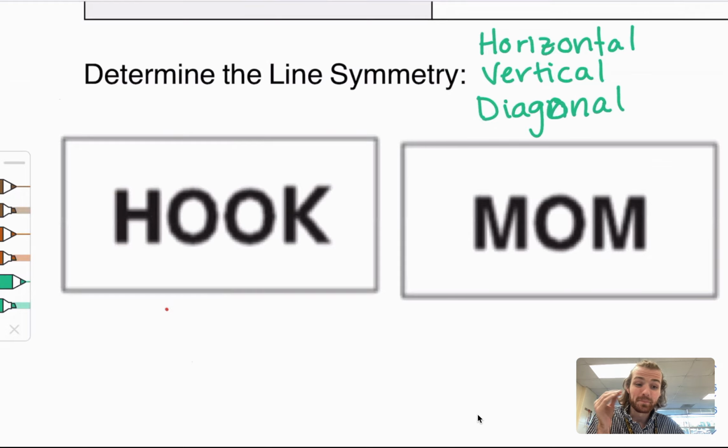So what that means, when we look at this first word, hook, is is there any way we can cut it and fold it so that it matches? The answer is yes. Imagine with me if I cut right across the center and then I fold it over. See what happens on that top side?